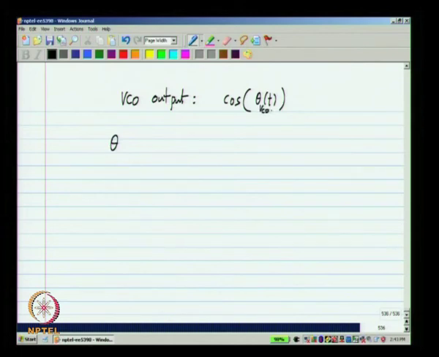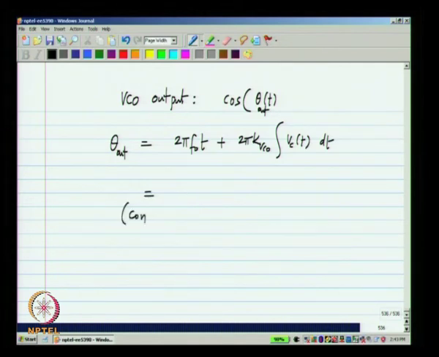Let me call it theta VCO, or theta out of t, where theta out is given by 2 pi f naught t plus 2 pi k_VCO integral Vc of t dt. And this will be, if Vc happens to be a constant, 2 pi times f naught plus k_VCO times Vc, times t.